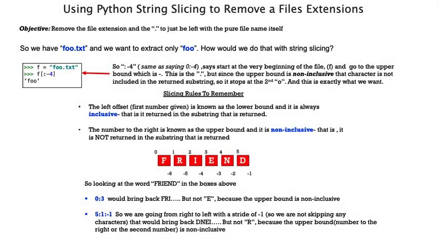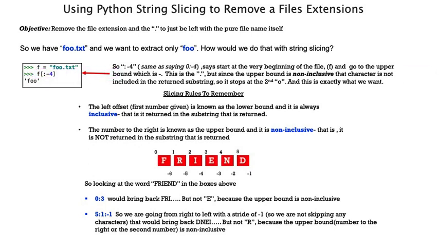Now here, we're going to take a challenge to remove the file extension from a file. So we have file foo.txt. We want to remove the dot and the txt. So how would we do that using Python string slicing? The syntax to remove the .txt is F, and then inside our square brackets, colon -4.